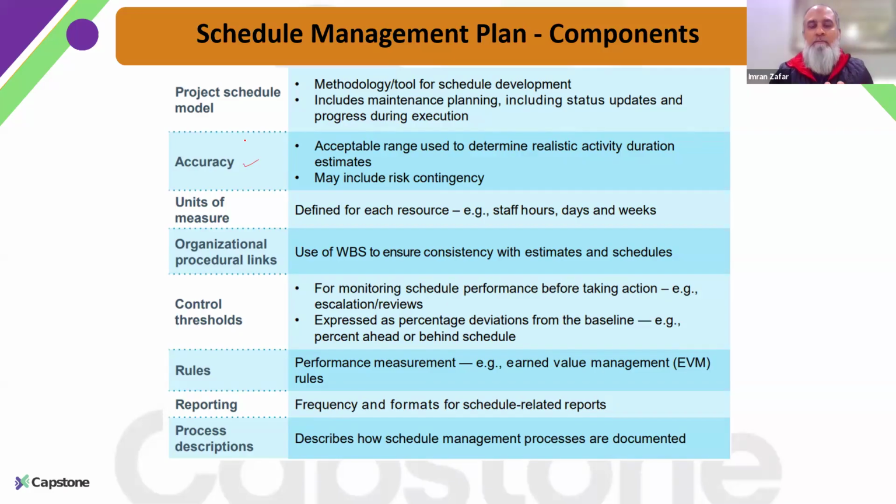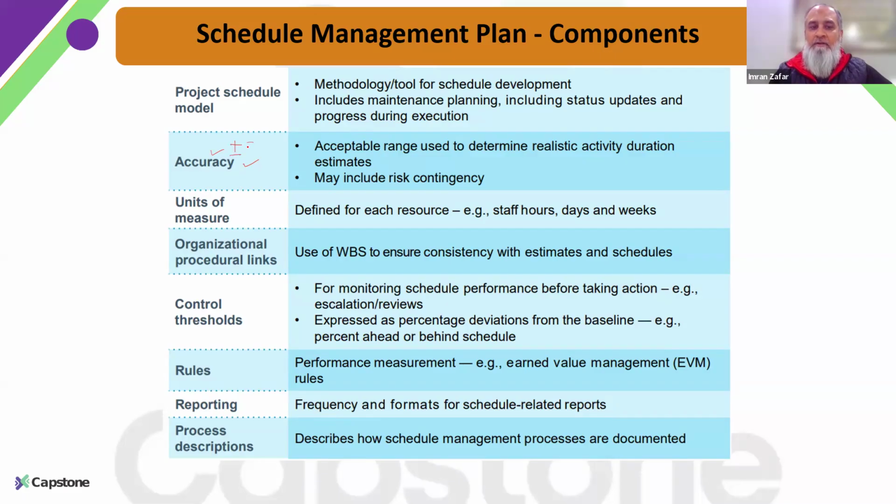And same goes for budgeting as well. So there is always a threshold, or some margins, plus minus limitations. So what level of accuracy, or deviation, is acceptable.